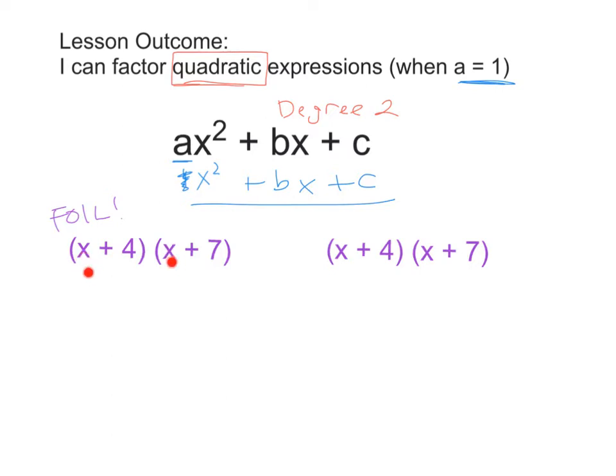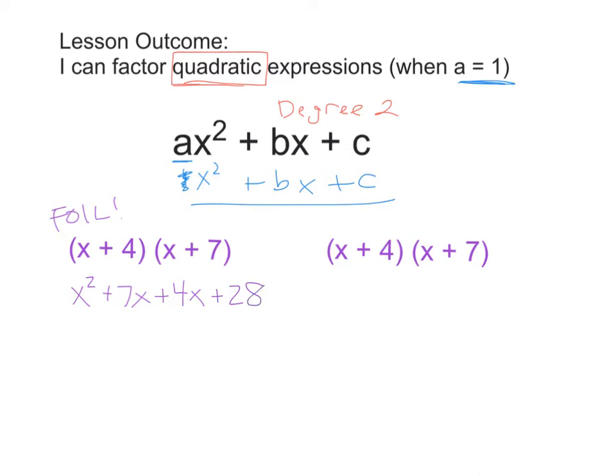That's x times x, and that gives us x squared. Then we need to multiply our outside terms, which is x times 7. So that's 7x. We're going to write plus 7x. Plus I, the inside terms, that's 4 times x, so 4x, so plus 4x. And then last, the L stands for last, and that's 4 times 7, which is 28.